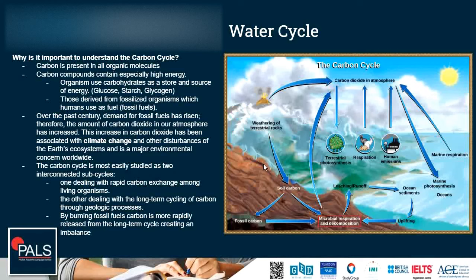We have carbon getting stored in the soil and in the ocean in the form of carbon dioxide, and eventually carbon in the soil, getting fossilized, entering the long-term carbon cycle.